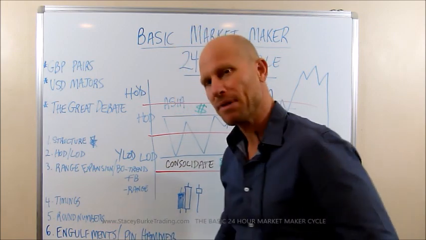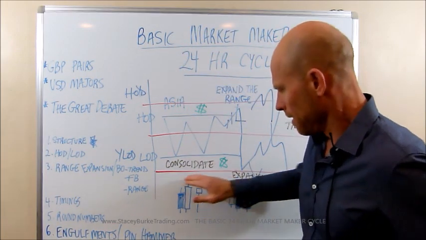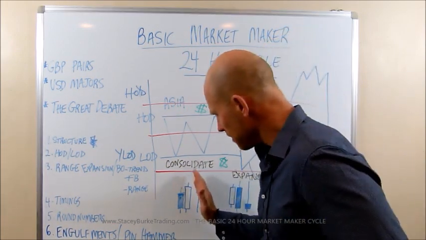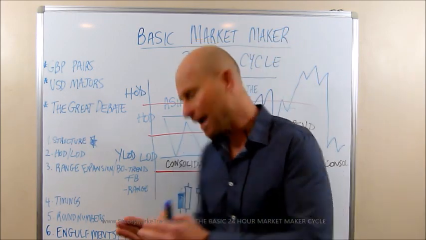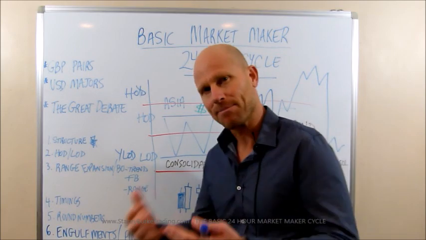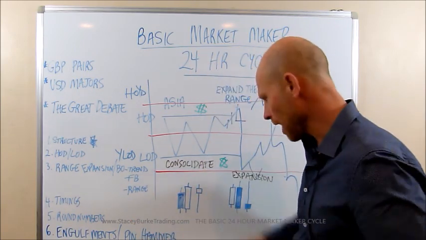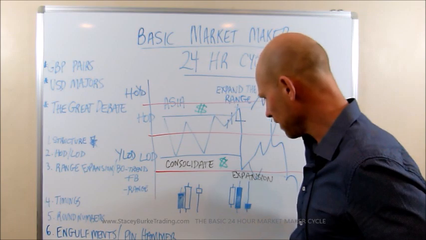And then engulfments and pin hammers. So an engulfment for a long or a short setup is essentially the same thing when that candle's combined as a pin hammer, a pin bar, pin hammer, whatever you want to call them, and the same thing on the downside.